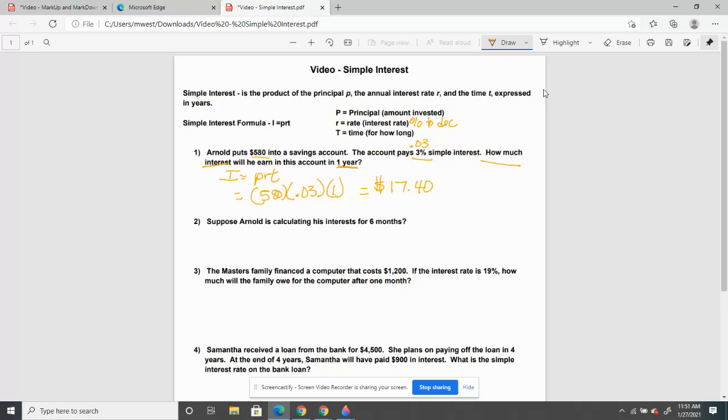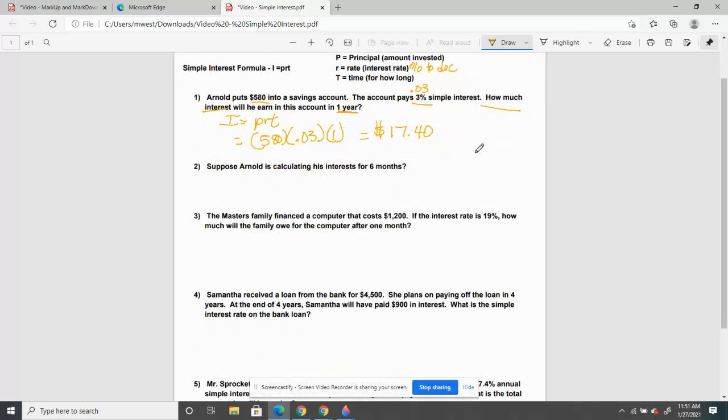Okay? Now, this is the same information that we're using in problem 2, where I equals PRT. But the time in this problem is different. We've got months. So for 6 months in our problem, we're going to put 6 over 12. Like that, okay?